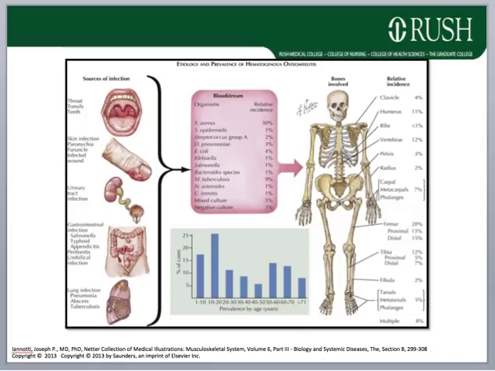As you might expect, the bones that are larger, that have the most blood flow, are also the most common sites of infection. So the long bones and the vertebral column are the most common sites of infection.